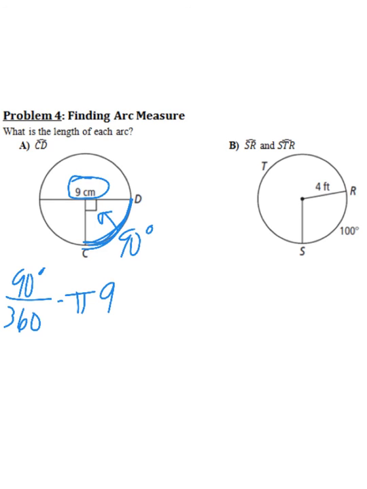So I've got 90 over 360 times essentially 9 pi. 90 over 360 simplifies down to a fourth. And then if I type that into my calculator and I round it, I will get 7.1 centimeters for my arc length.